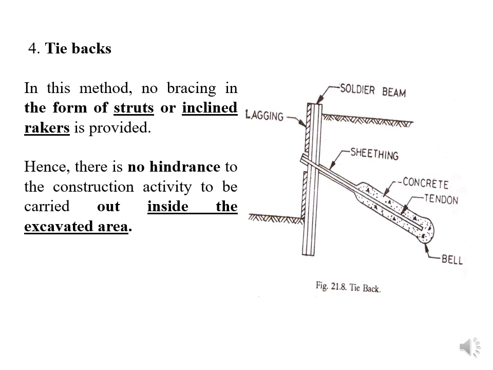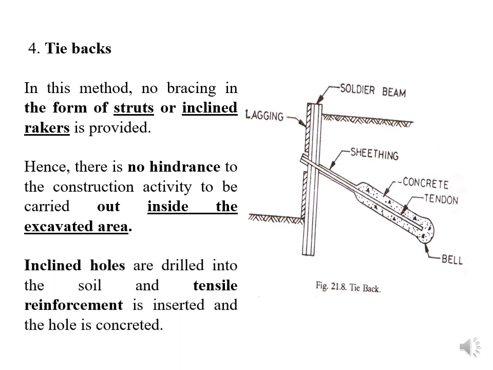An anchored sheet pile one we can say, right? Inclined holes are drilled into the soil, and tensile reinforcement is inserted, and the hole is concreted. So you can see the excavated wall is supported by the soldier beam and lagging.